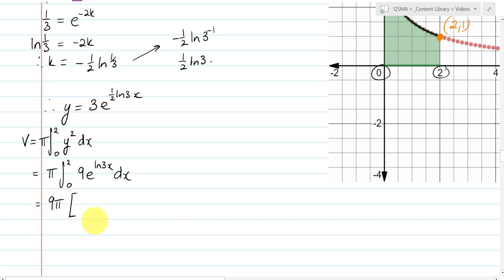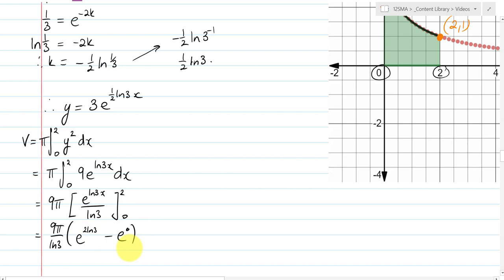And when I integrate e to the log 3x, I get e to the log 3x divided by log of 3 between 2 and 0. And that gives me 9 pi. Well, actually, I might write it as, because that log 3 comes out, 9 pi over the natural log of 3. And then e to the 2 log 3 minus e to the 0, which is just 1.